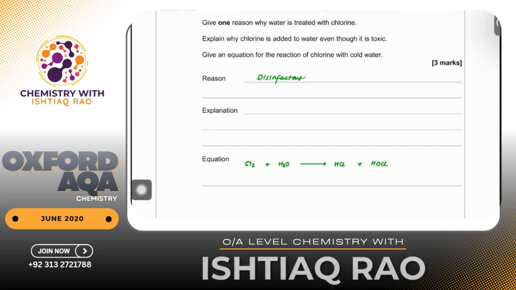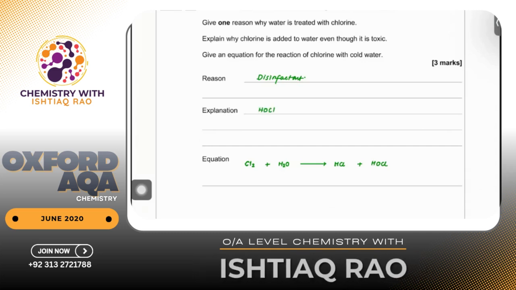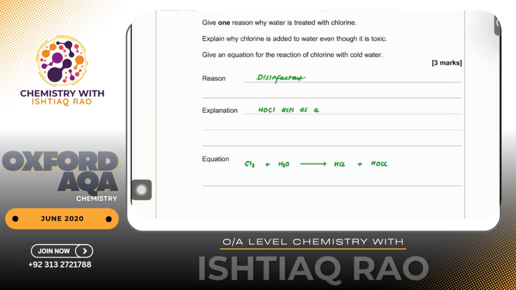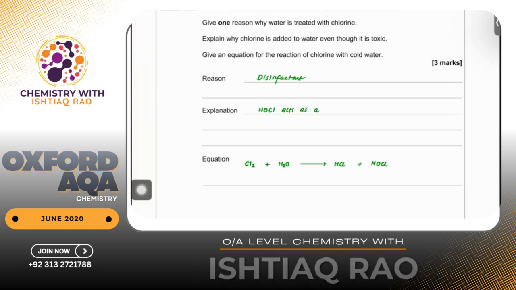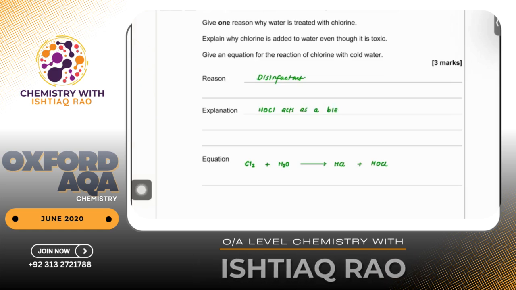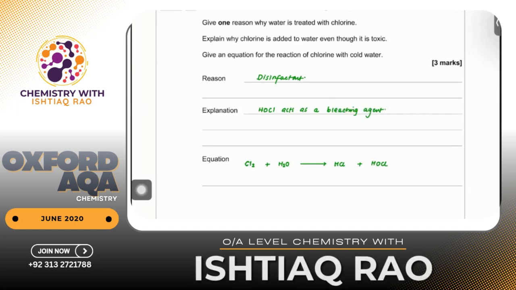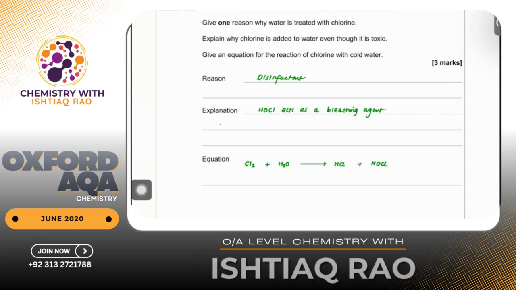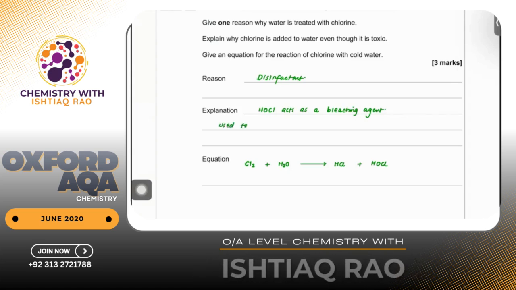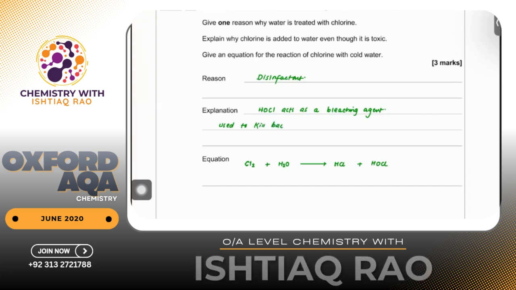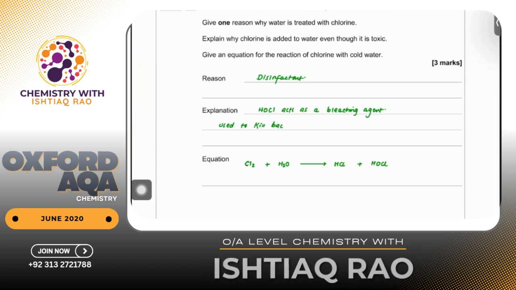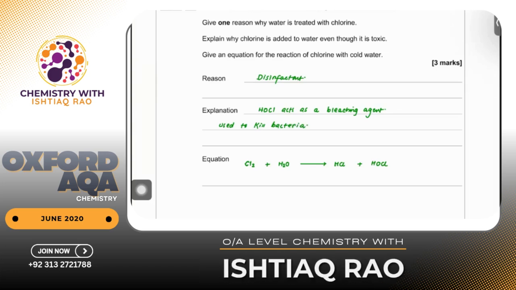So I can explain it: HOCl acts as a bleaching agent used to kill bacteria.